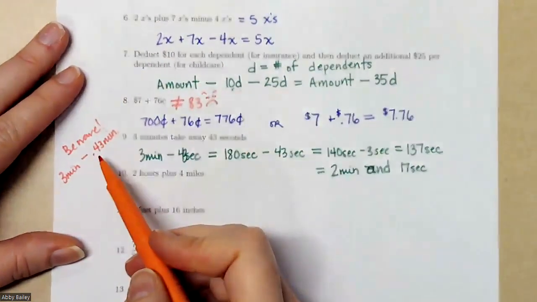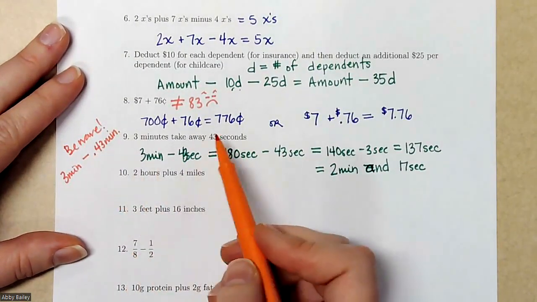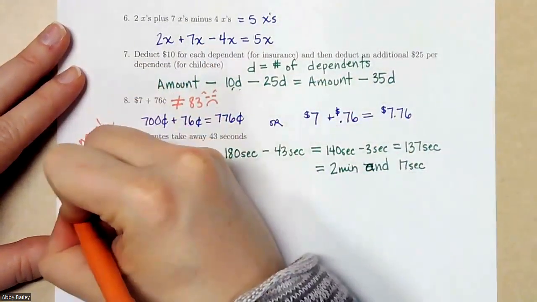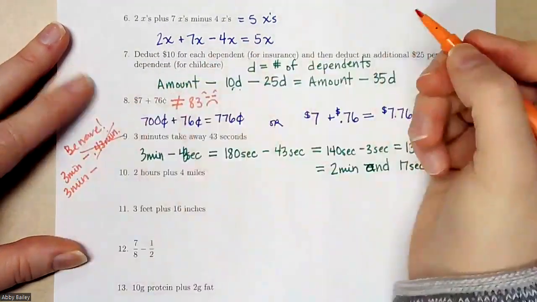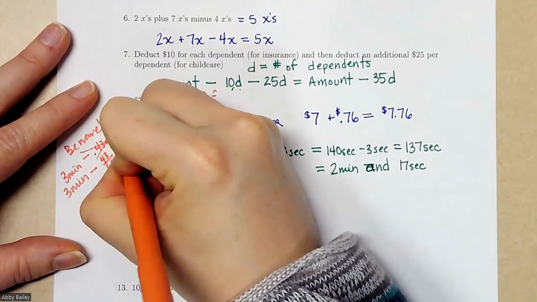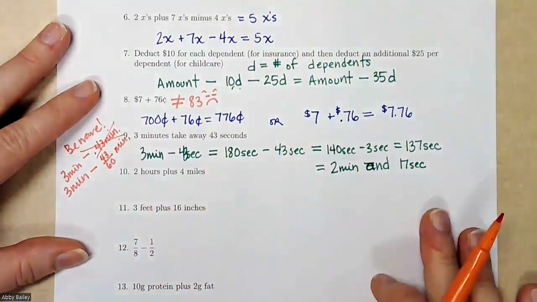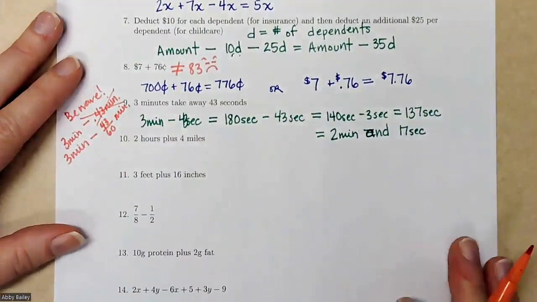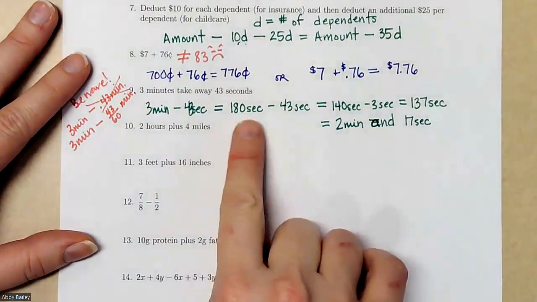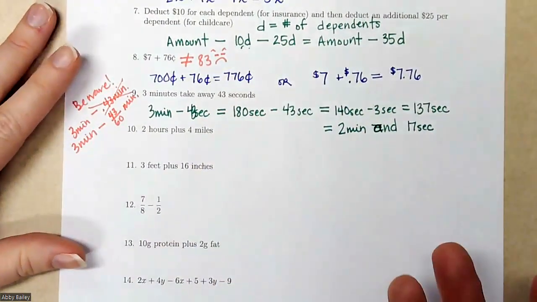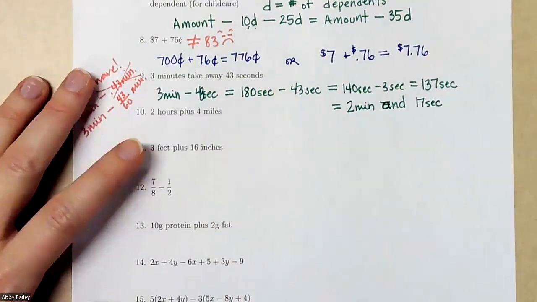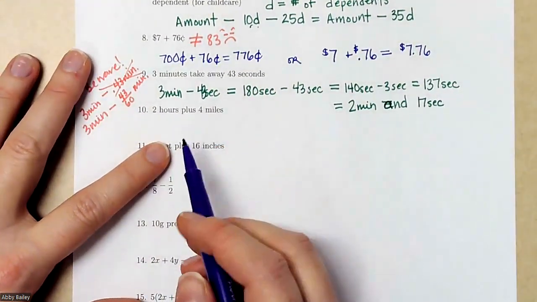Beware, because there are not 100 seconds in a minute. It would be 3 minutes take away 43 out of 60. That would be the correct portion, if you wanted to go down the minute path. I found the seconds to be friendlier because they are non-fraction, honestly. We all have our likes and preferences.